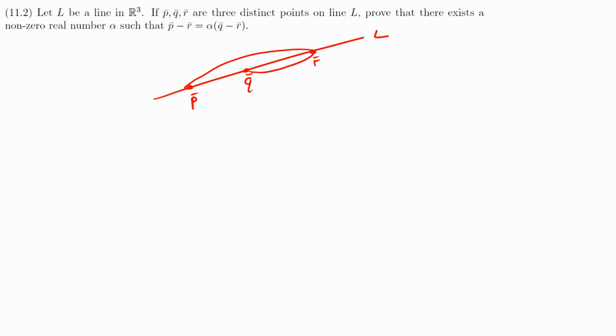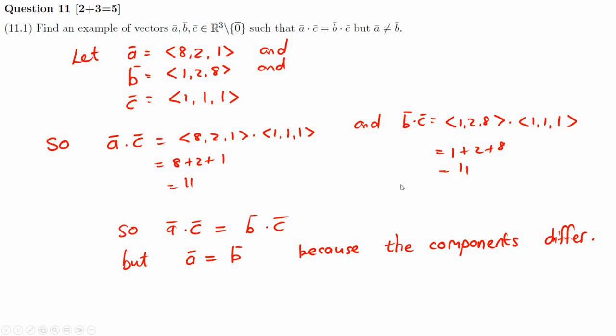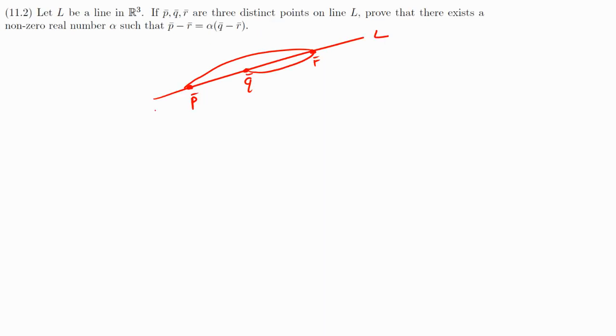Okay, let's just start. Let's go ahead and use the previous theory we just learned: a dot c is equal to b dot c, but a and b do not necessarily need to be the same. So let L be equal to a plus t times (b minus a).